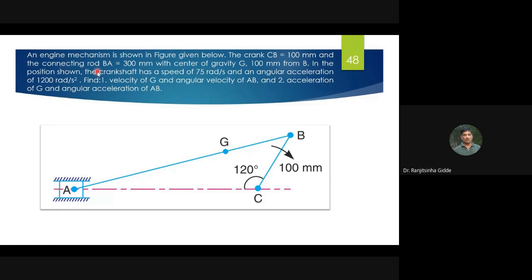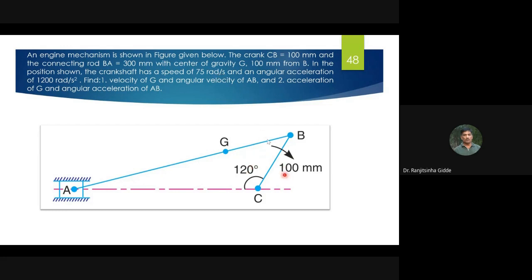So already you had taken in your notebook an engine mechanism shown in the figure given below. The crank CB is equal to 100 mm and the connecting rod BA is equal to 300 mm with center of gravity G, which is at 100 mm from B. In the position shown, the crank has a speed of 75 radian per second.